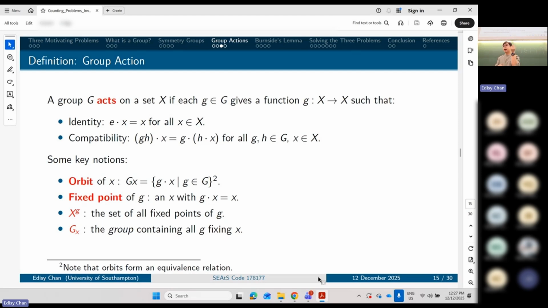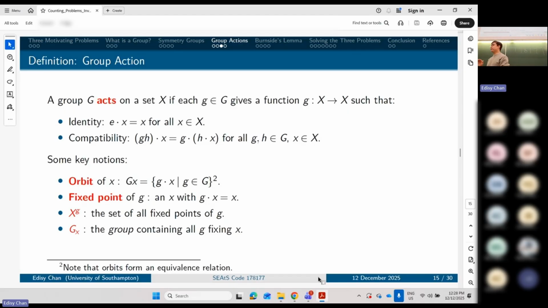We fix the x, and then we apply different g on the x, and we get many other elements in the capital X, the set. This gives us a set which is called the orbit.